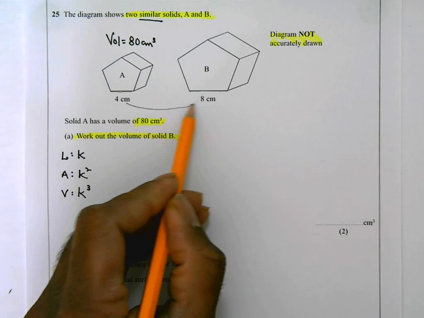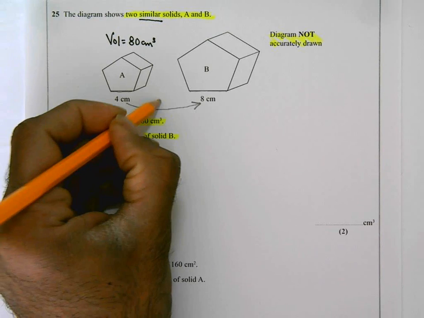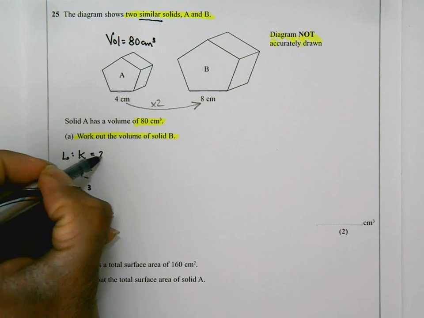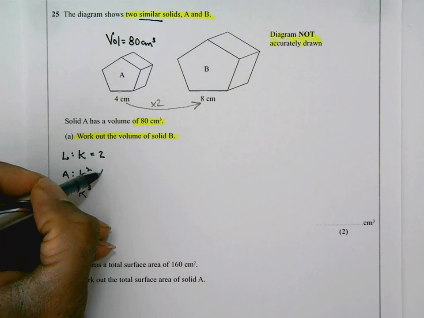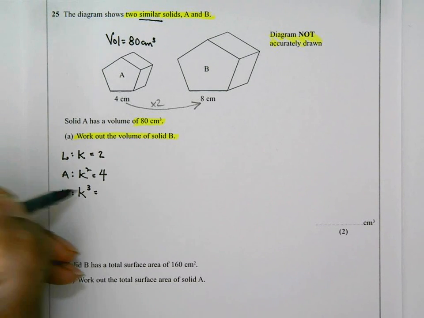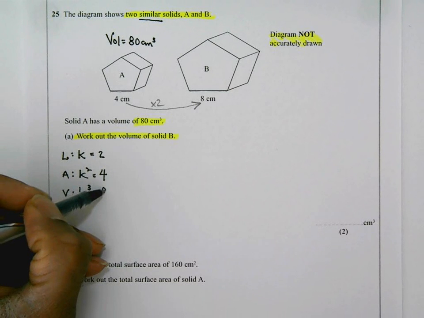The multiplier going across is 2. I'm timesing by 2. So the multiplier for length is 2. The multiplier for area is going to be 2 times 2, which is 4, 2 squared. And the multiplier for volume is going to be 2 times 2 times 2, 2 cubed, which is 8.